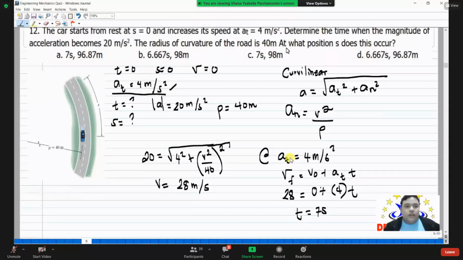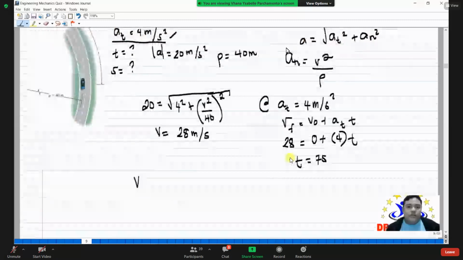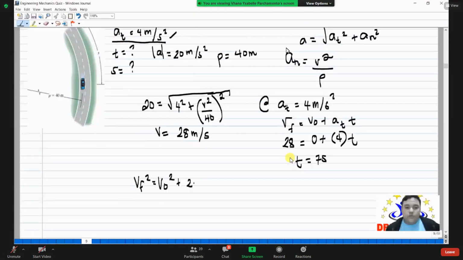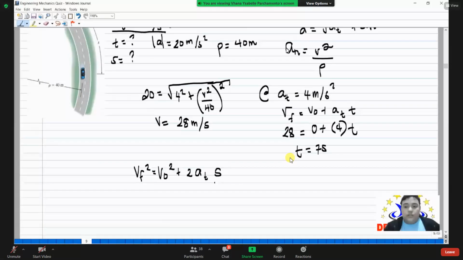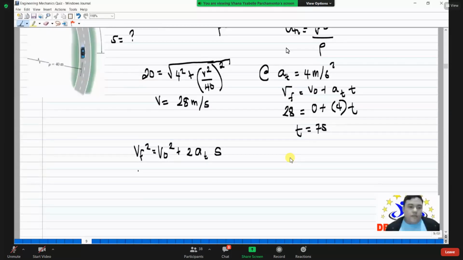So by using the formula, Vf squared is equal to Vo squared plus 2 times A sub t times s. So, tangential acceleration times yung ating displacement. So, therefore, 28 squared is equal to 0 squared plus 2 times yung ating tangential acceleration na 4 multiplied by s.